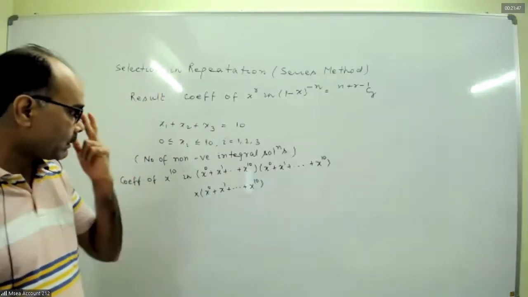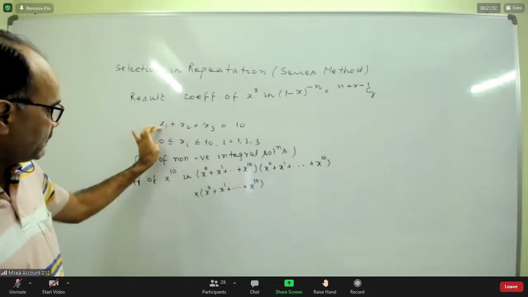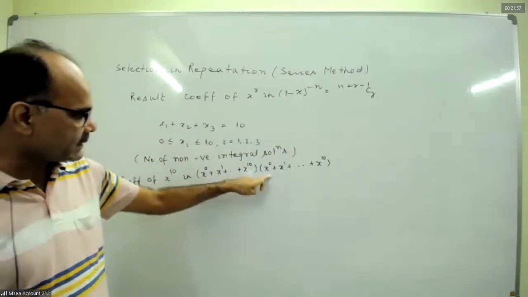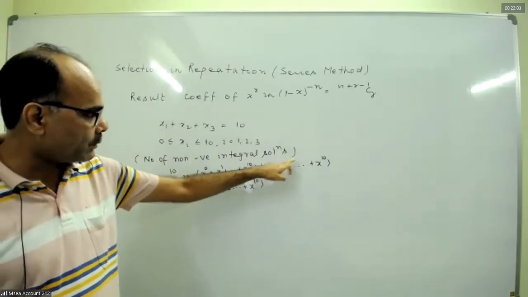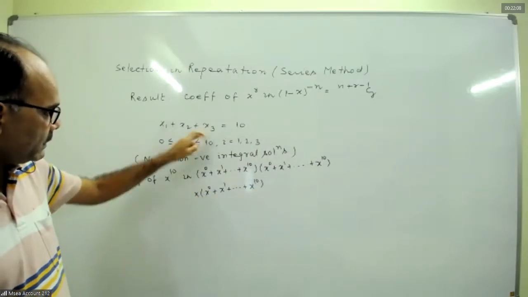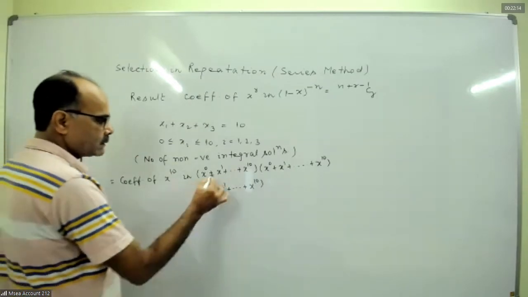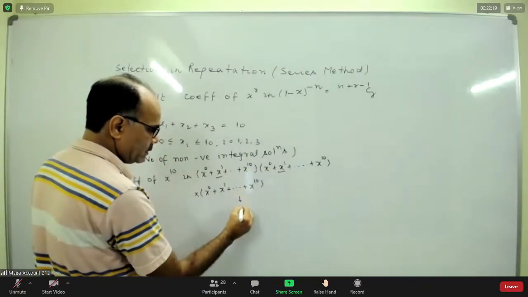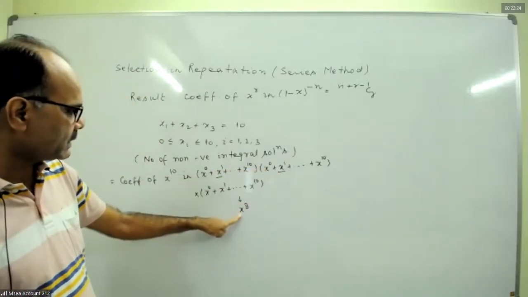As I already told you in binomial, the first series corresponds to the first variable x1. These exponents are possible values of x1. The second series corresponds to the second variable x2, and exponents of x are possible values of x2. The third series corresponds to the third variable, and exponents are possible values of x3. Corresponding to each x to the power 10, say x to the power 8 here, if you multiply these three terms you will get x to the power 10.